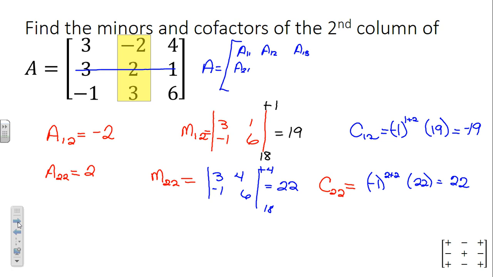Okay, let's find the minor and cofactor for row 3, column 2. That one's value, that element is 3. We want to figure out what its minor and its cofactor are.